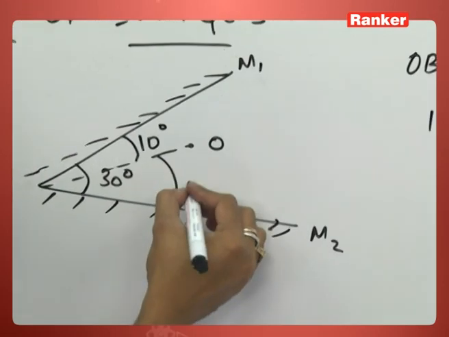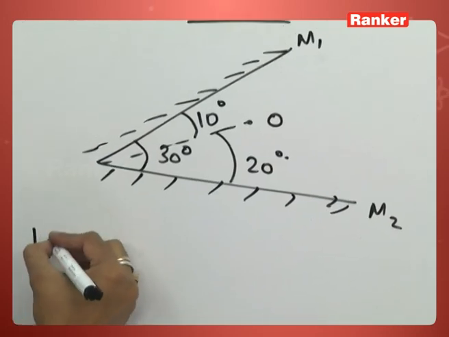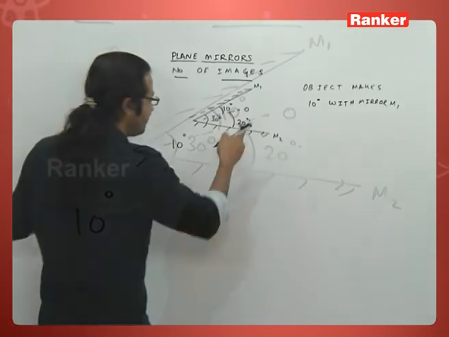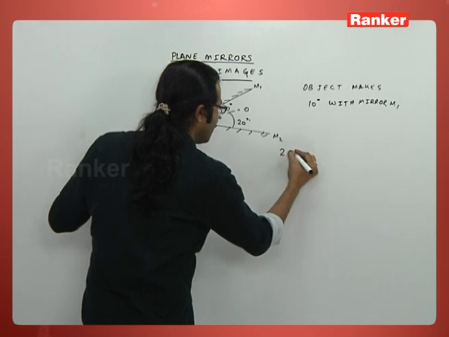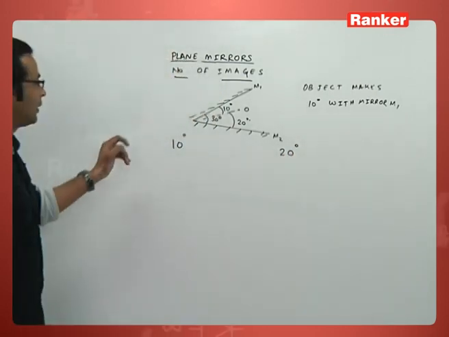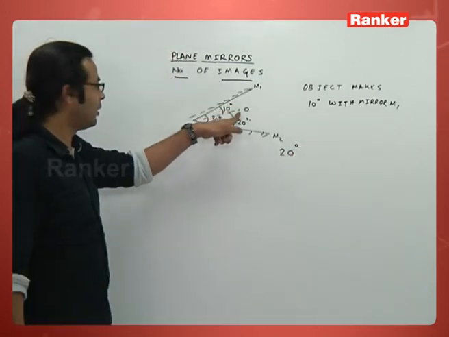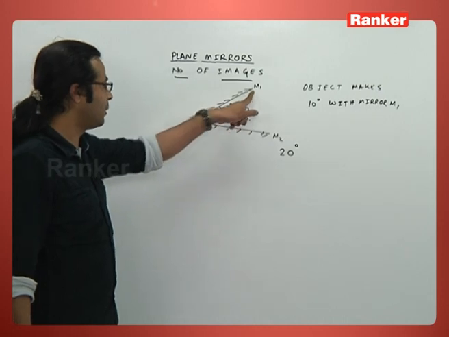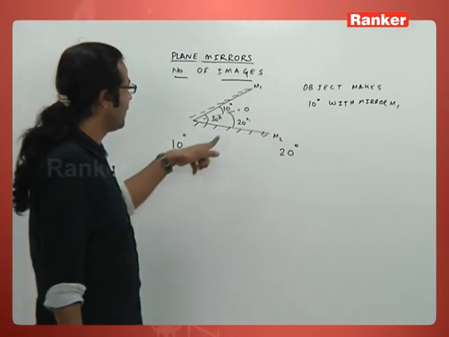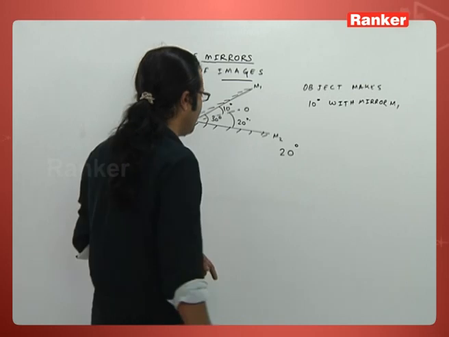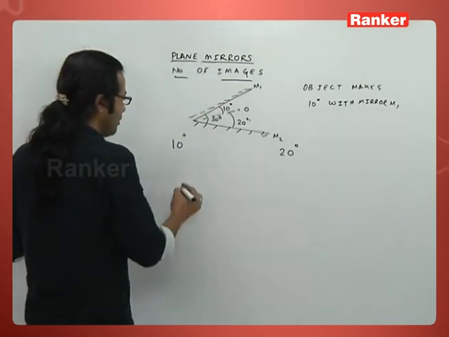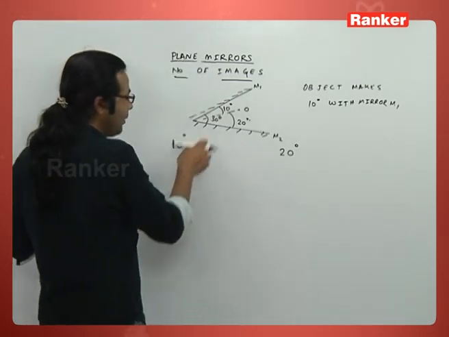So this will be 20 degree. I write here 10 degree, I write here 20 degree. That means 10 degree is the object making an angle with mirror M1, 20 degree is the angle with mirror M2. Now the total angle is nothing but 30 degree.